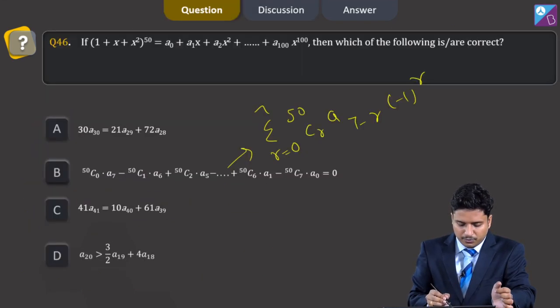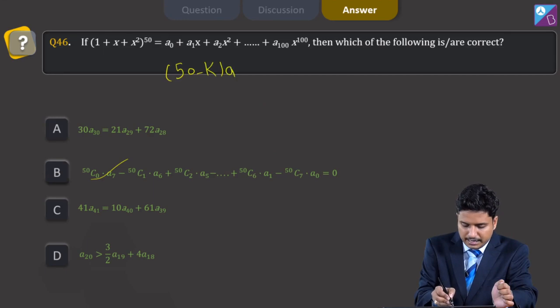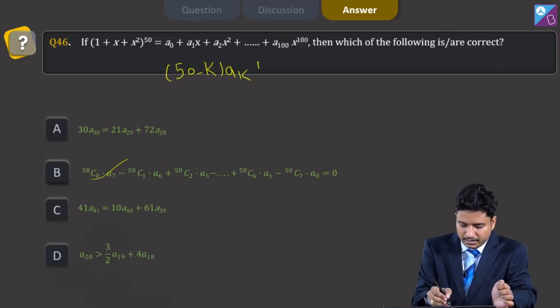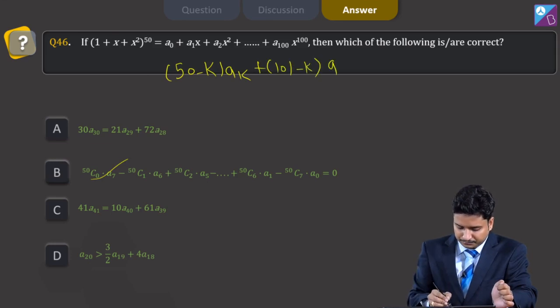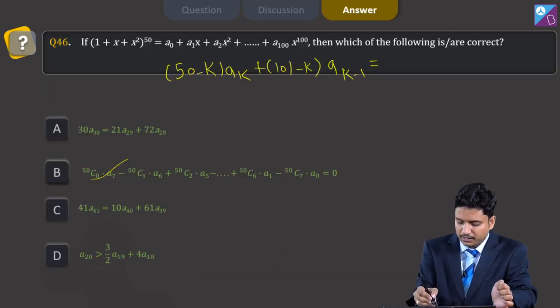Now what you have to do? Now you have to simply put all these expressions. (50 minus k) ak plus (101 minus k) a(k-1) is equal to (k+1) into a(k+1).